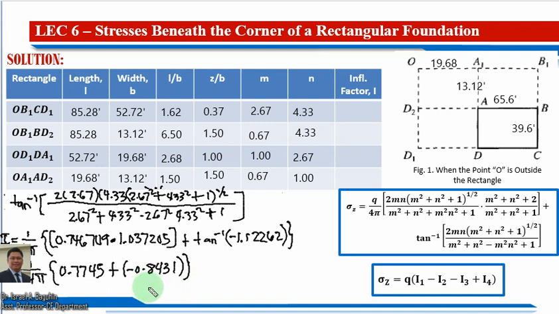Okay, so since this is negative, we need to add this one with a pi. So this would become equal to 1 over 4 pi times 0.7745 plus this pi plus this negative 0.8431.